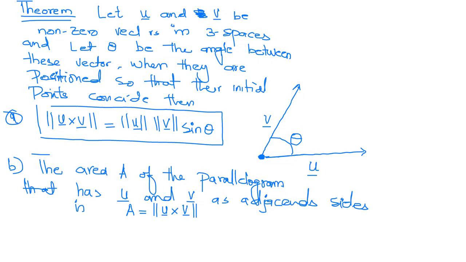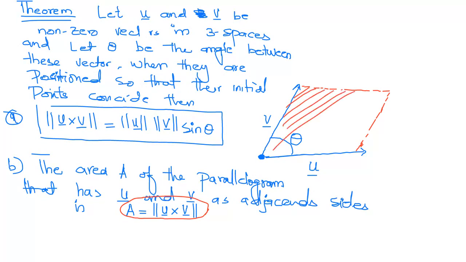This is the formula for the area. What it means is that you draw the adjacent side of the vector u and the adjacent side of the vector v. This is the vector v. The area of this whole shape is represented by this value.